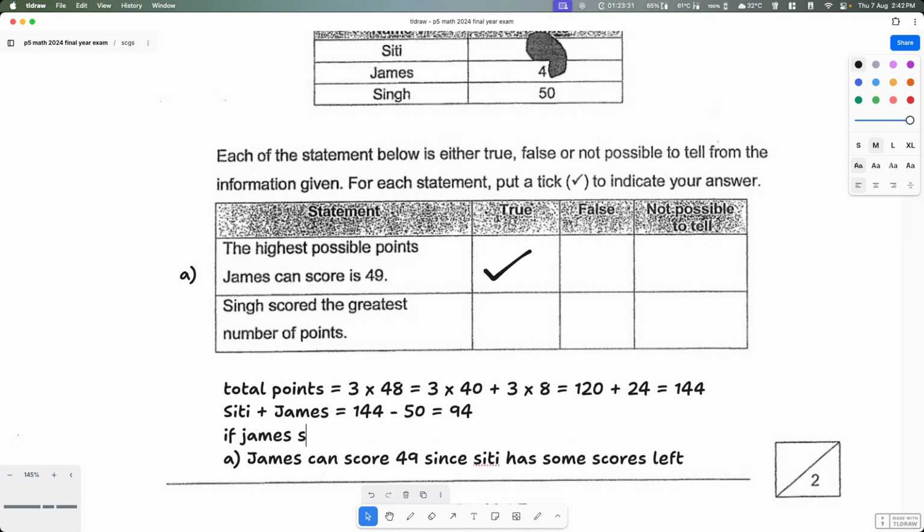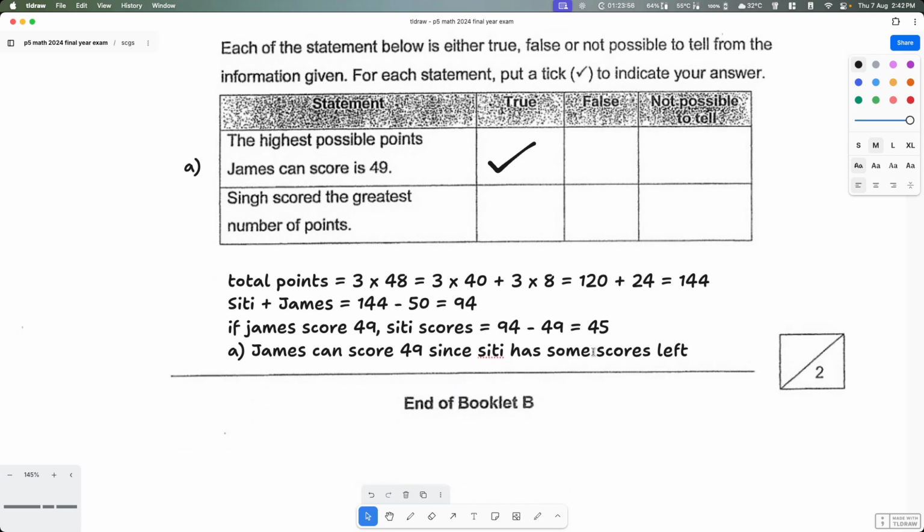If James scores 49, CT scores 94 minus 49, which is basically 94 minus 50 is 44, plus 1 is 45. Okay, 49. There you go. James can score 49 since CT has some score left.